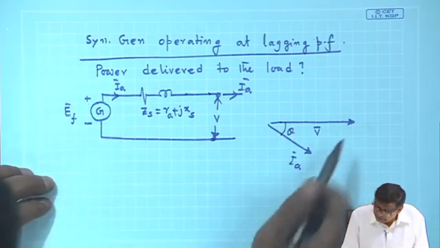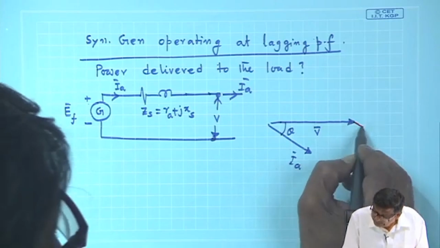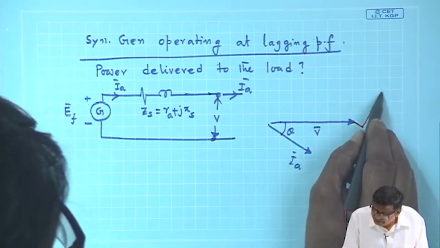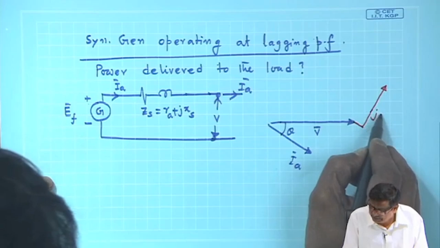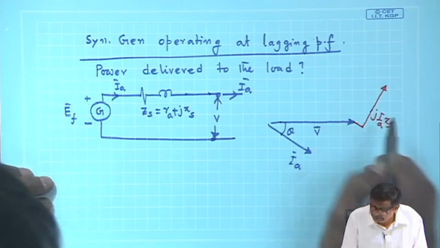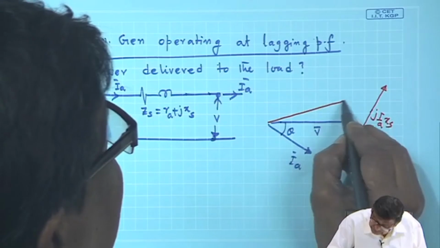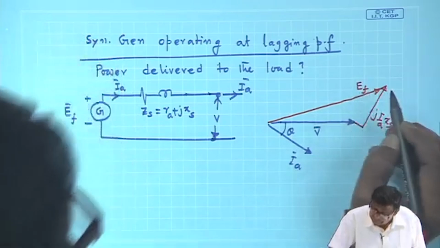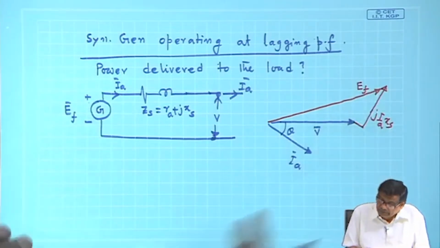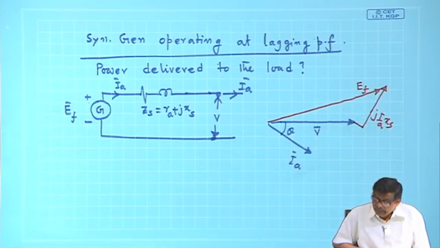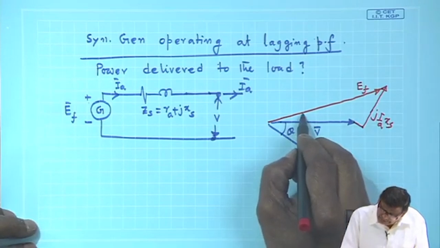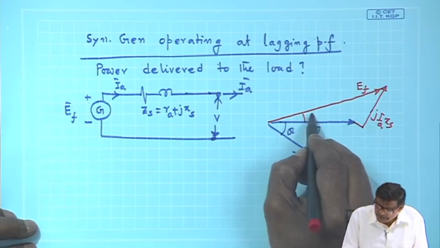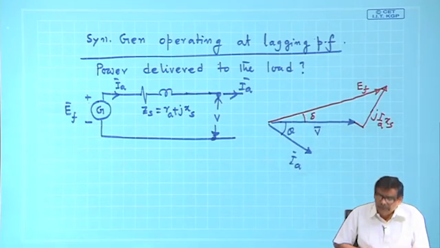So, V plus I A R A plus j I A X S. I will now not break up, I will straight away write this one X S, and I will get E F. Okay. So, this will be the thing, and this angle will be approximately equal to delta. Okay. I just assume this to be delta.